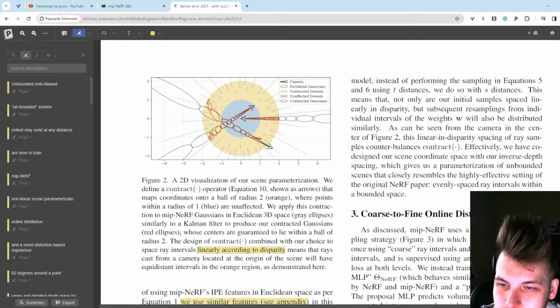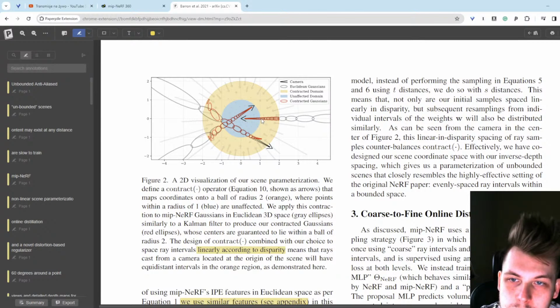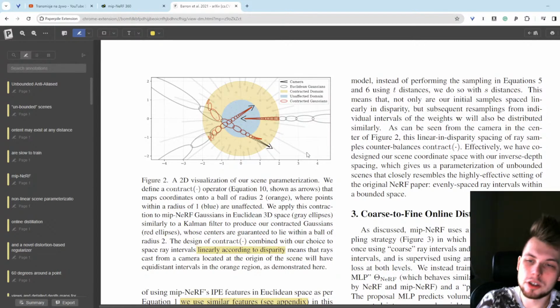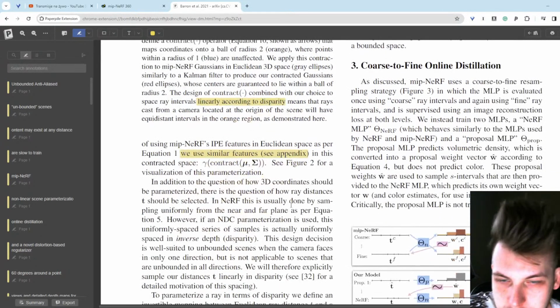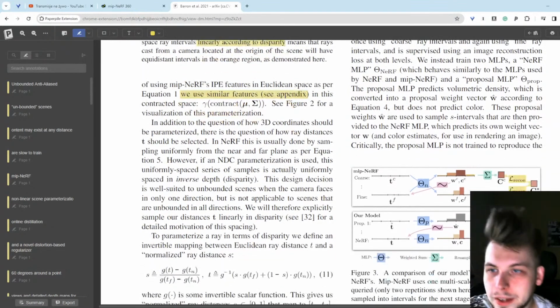That means that rays cast from a camera located at the origin of the scene will have equidistant intervals in the orange region. So they say the distance between the centers of these Gaussians here will be the same because the camera is at the origin. I think this is the visualization for that part. That's cool. Okay, let's go further.